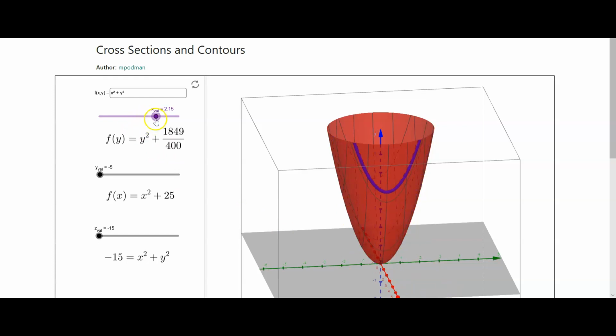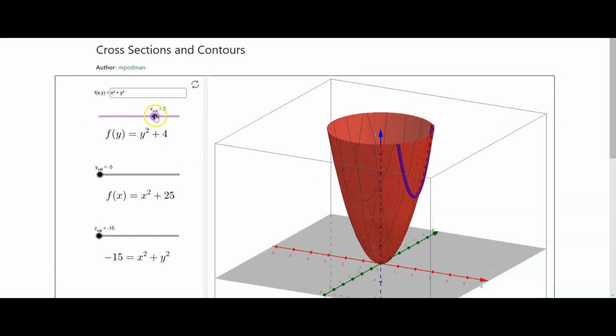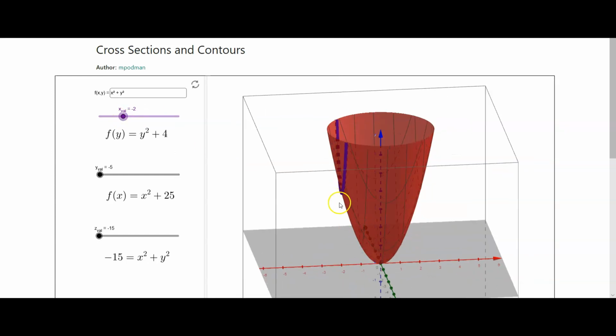And when x is 2, you can see that that's just going to be the same thing, a parabola that's lifted up 4 units because y squared plus 2 squared gives you that parabola. And same thing goes for when x is negative 2, because we are just squaring that value. That will also be a parabola elevated 4 units above.